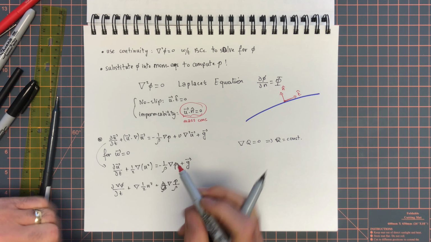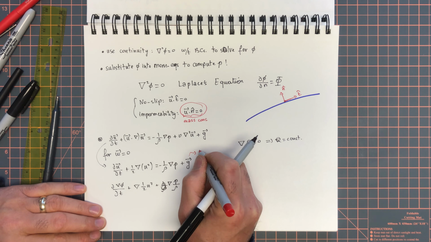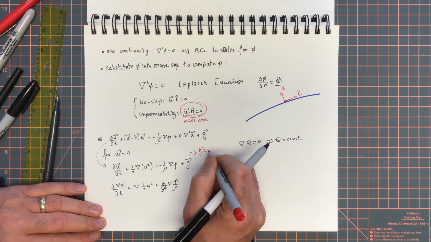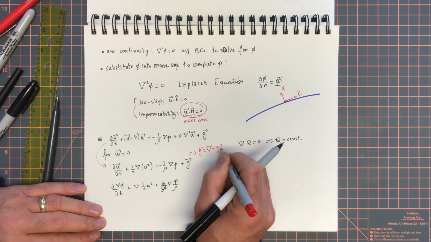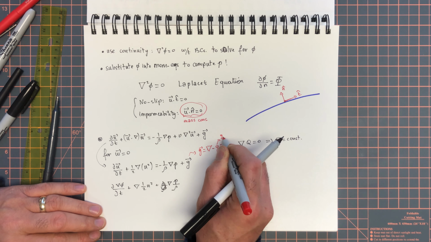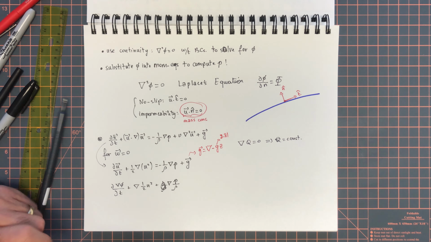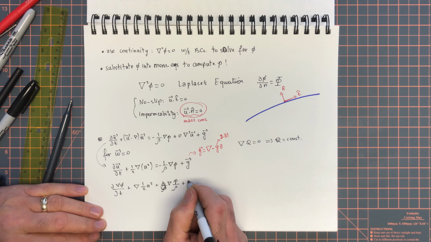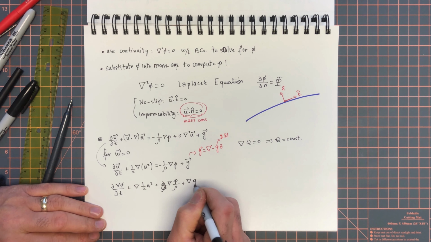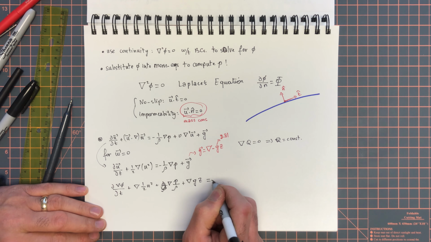And remember that we can write g as grad of minus gz, where g is the 9.81 gravitational constant. And so we get plus grad gz is equal to 0.